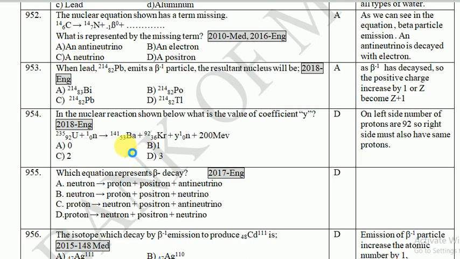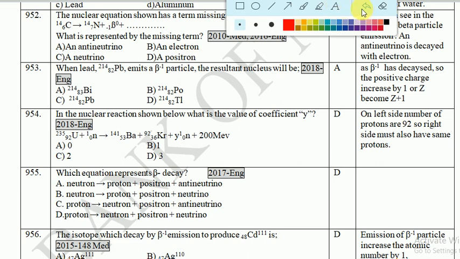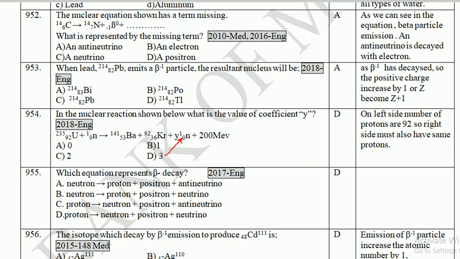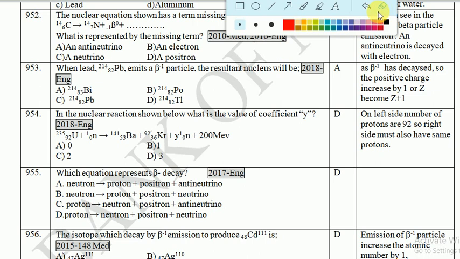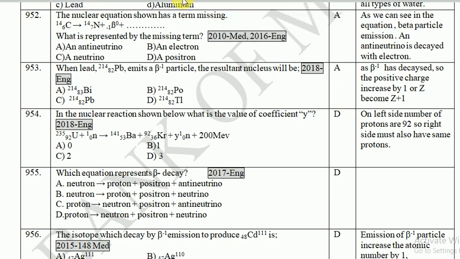As we can see, the number is 53 plus 36, which is 89, and this is 92. So 3 protons are missing. So the number missing is 3. If we put this 3 here, then the number of protons on both sides will be the same. So the correct option is option D. Now going to the next MCQs.